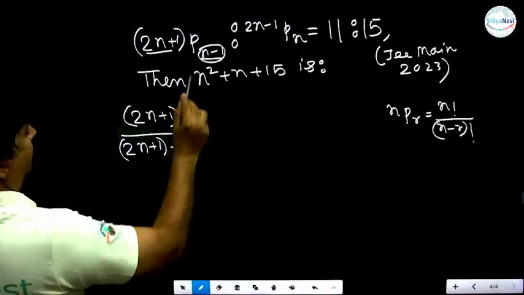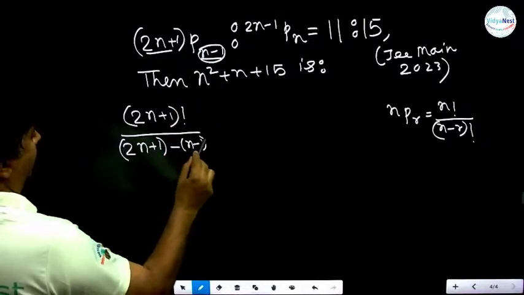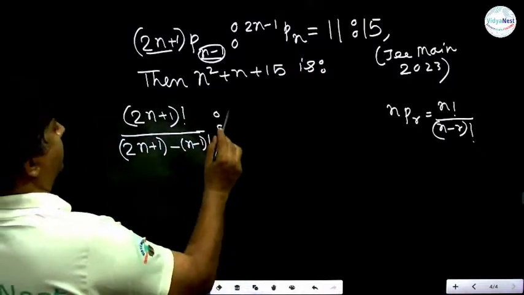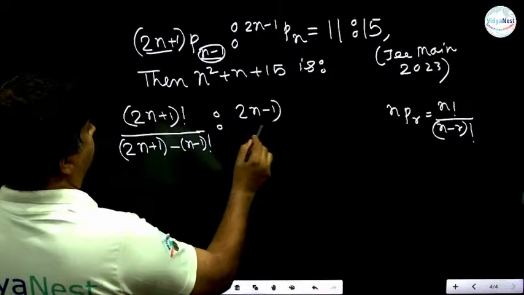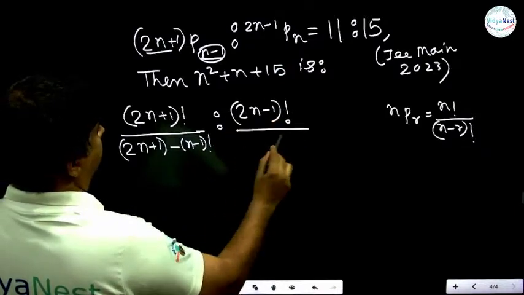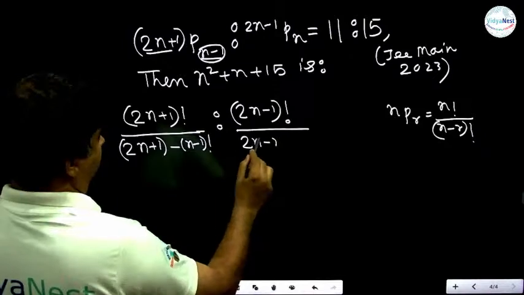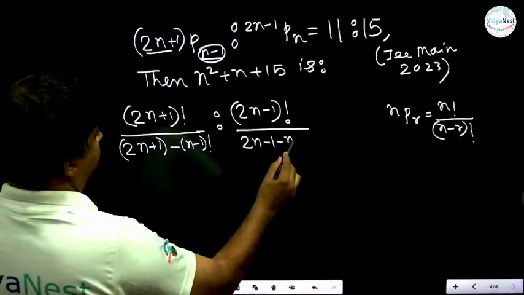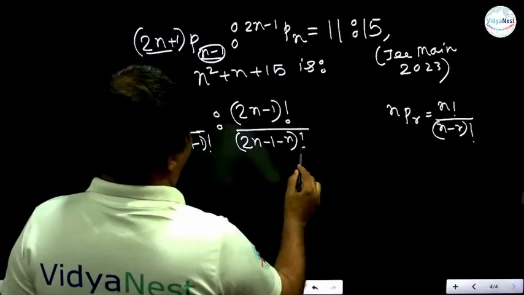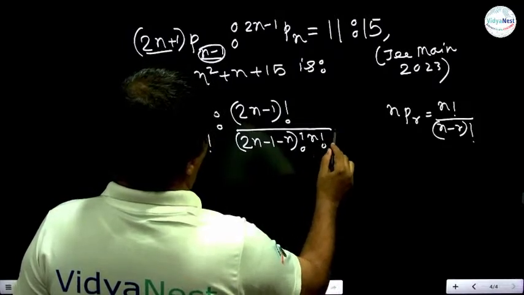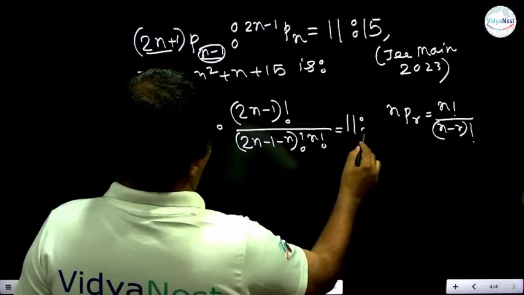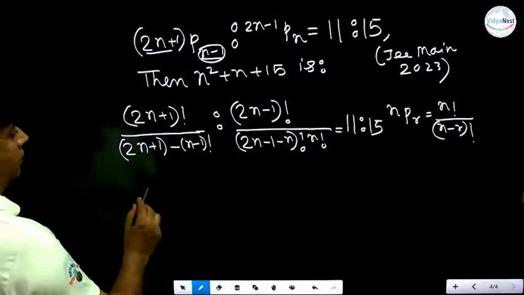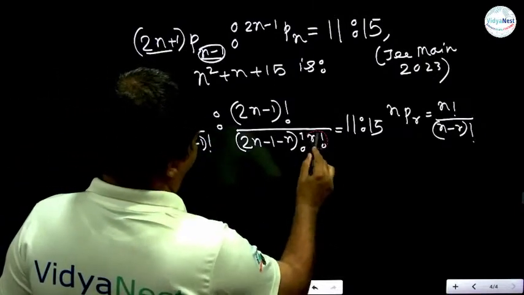Here this n minus 1 will be considered as r. Factorial 2n minus 1. 11 is to 15. So, sorry, mistake of mine.